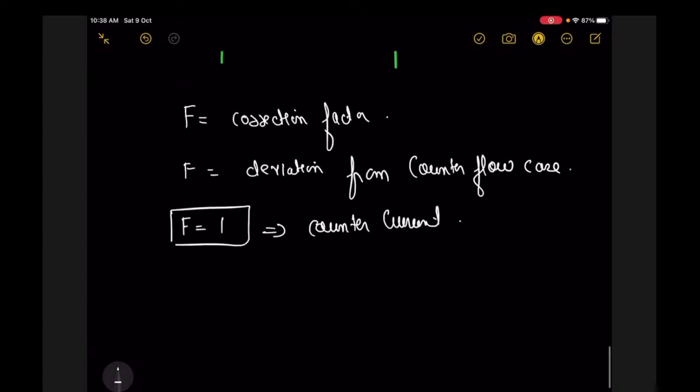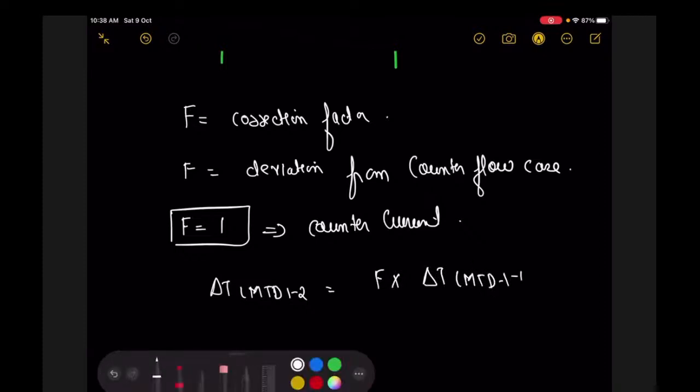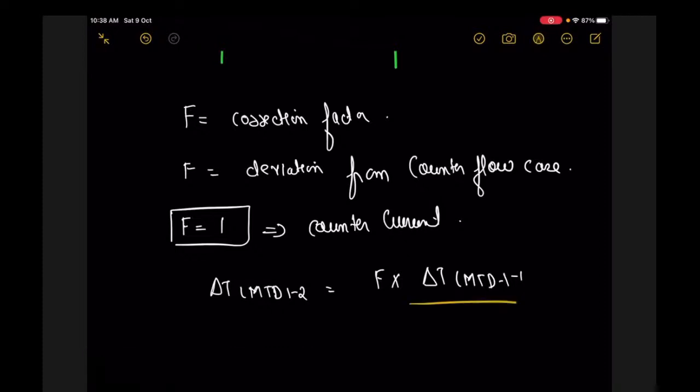So here, delta T LMTD of 1-2 equals F into delta T LMTD of 1-1. 1-1 we can calculate easily.